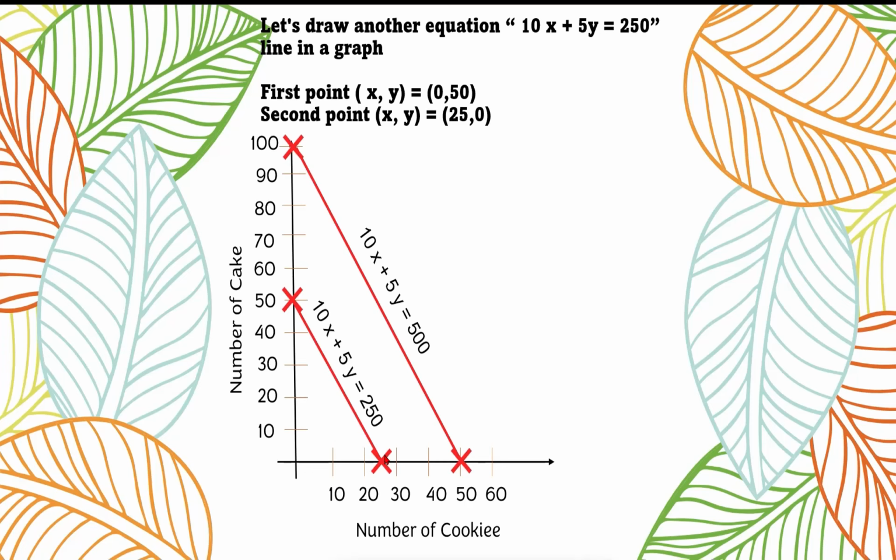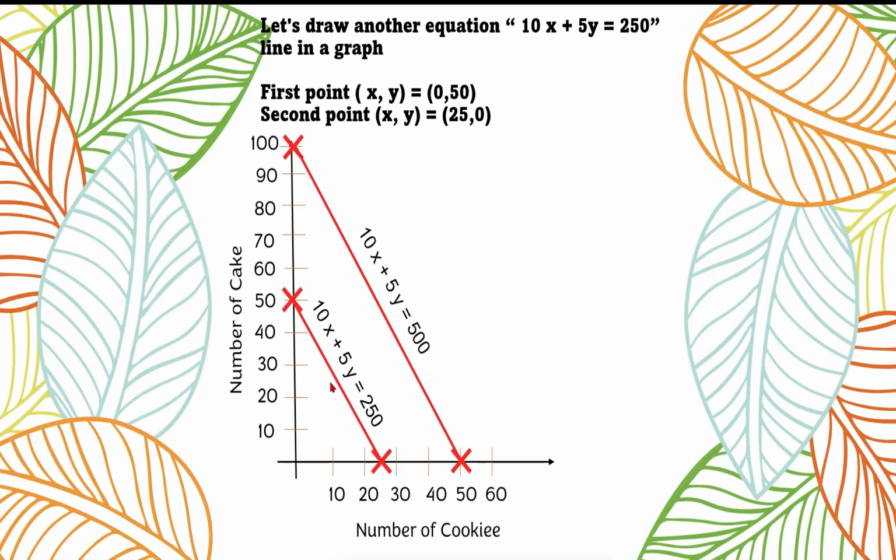Now you might be thinking why I have taken two numbers and drawn lines over the graph. Again, the number I have taken the second time is a multiple of 10 and 5. The reason behind taking this number is to make you clear that whatever number we take and whatever points we get after the calculation, the line will have the same slope.